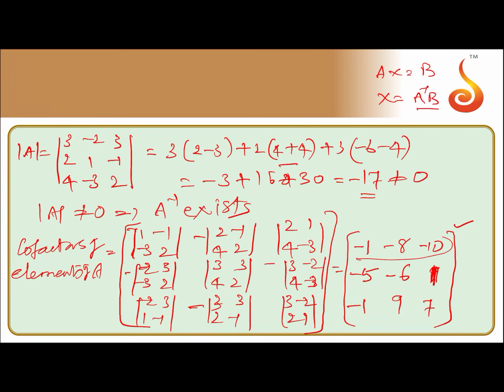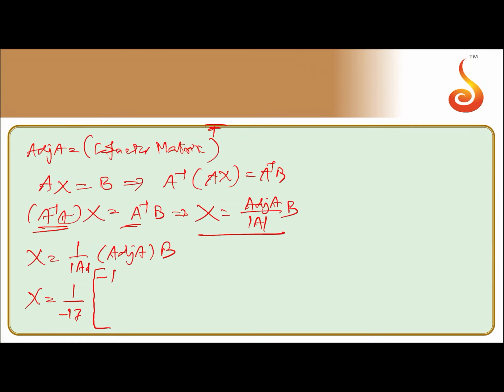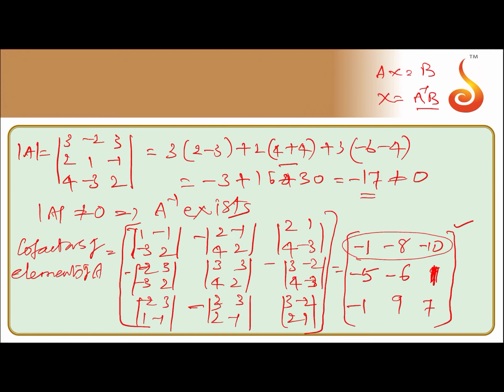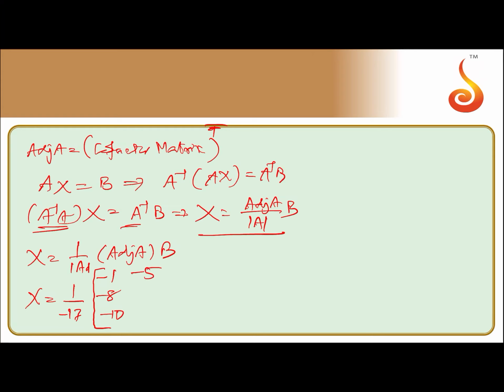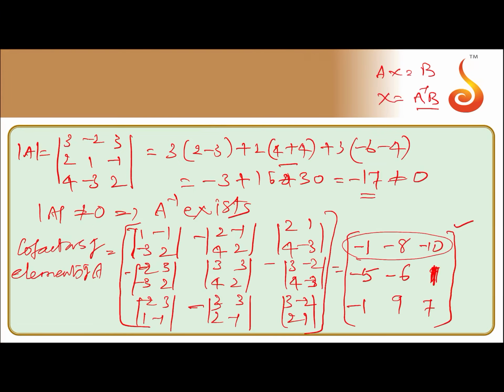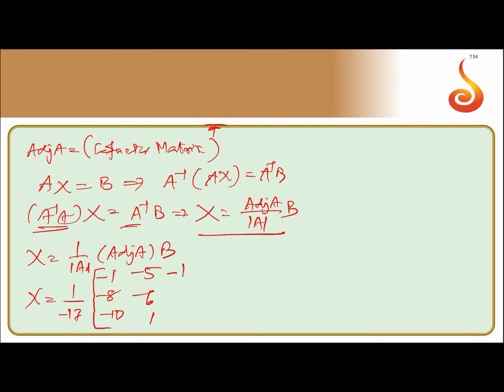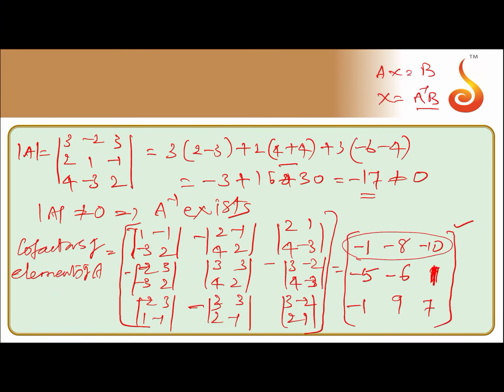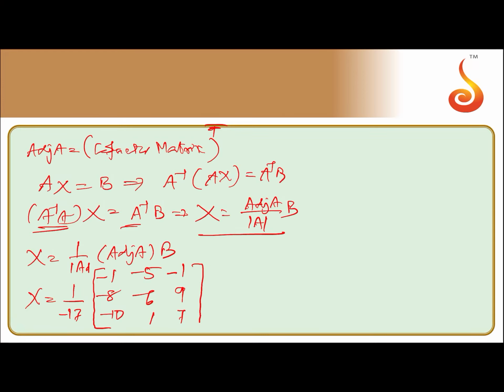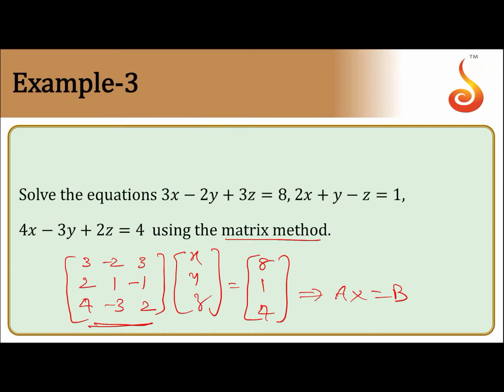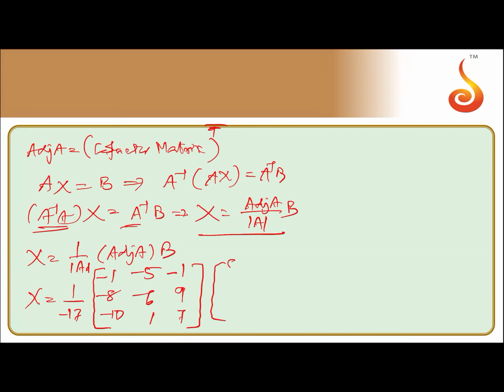So row wise if I take minus 1, minus 8, minus 10, column wise we write, and minus 5, minus 6, 1, and minus 1, 9, 7. This is the adjoint of A, and the B matrix is 8, 1 and 4.